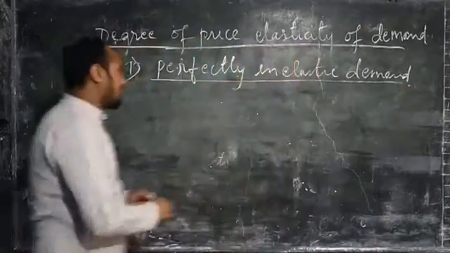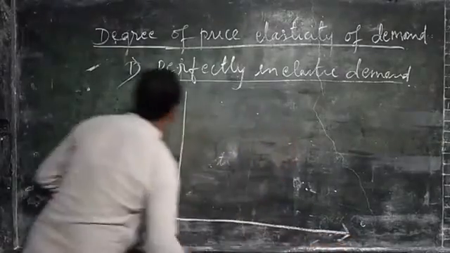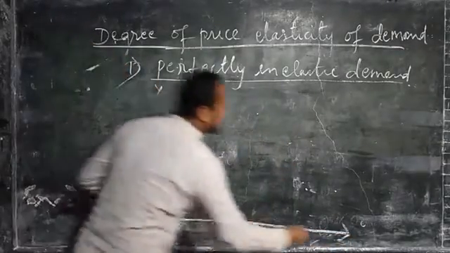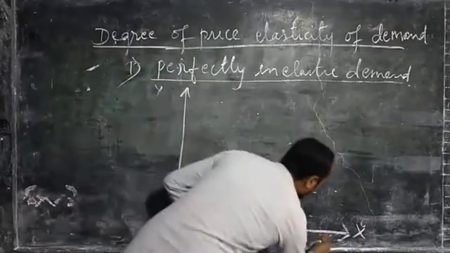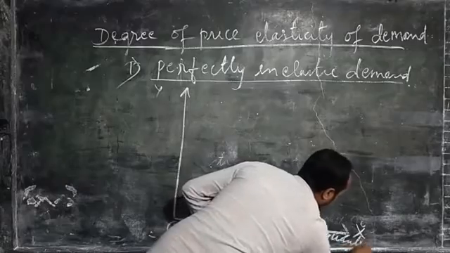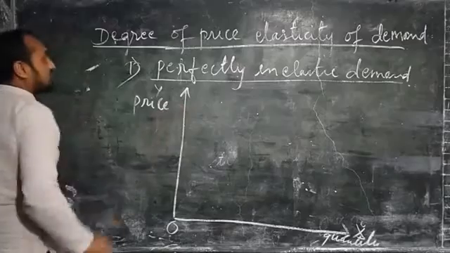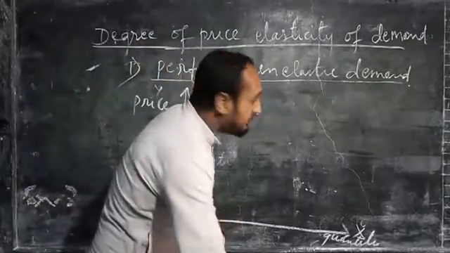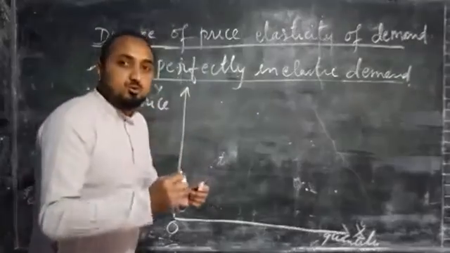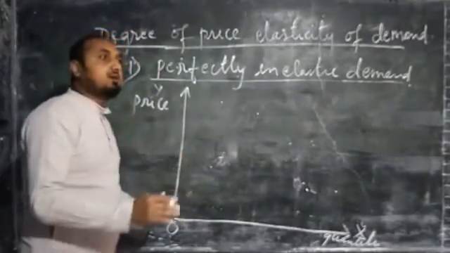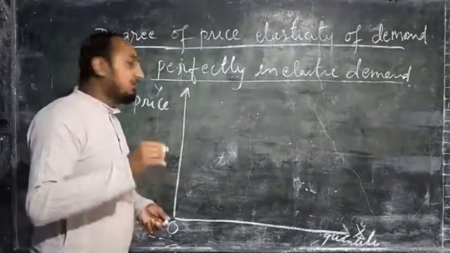Let's consider the x-axis and y-axis. So this is our y-axis, this is our x-axis. On the x-axis we will measure quantity and on the y-axis we will measure price. In the definition, we have already mentioned that the quantity demanded of a commodity does not respond to change in its price, meaning the quantity demanded will remain the same irrespective of changes in price.